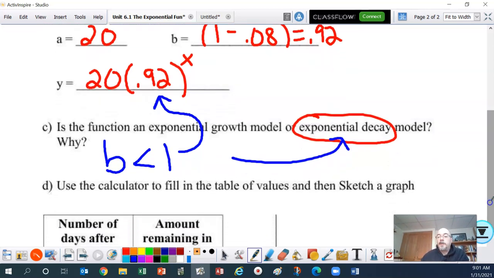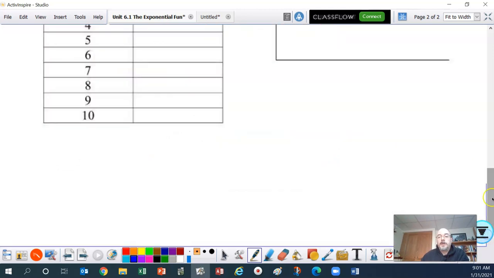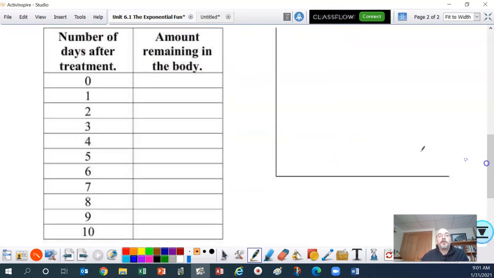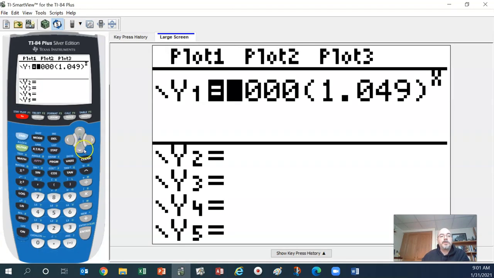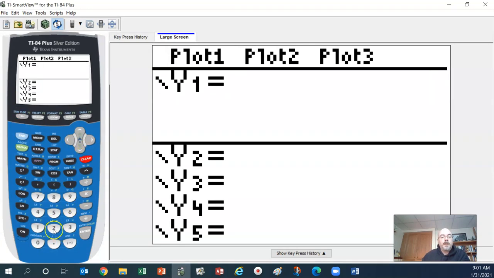Now, I'm going to fill in this table. So I'm going to bring in the calculator and type that into my y equals: 20 times the 0.92 to the x power.